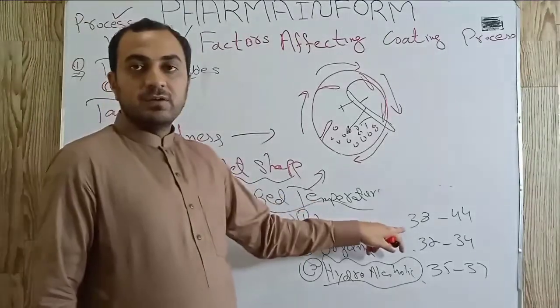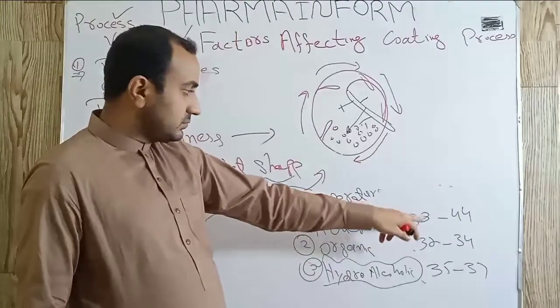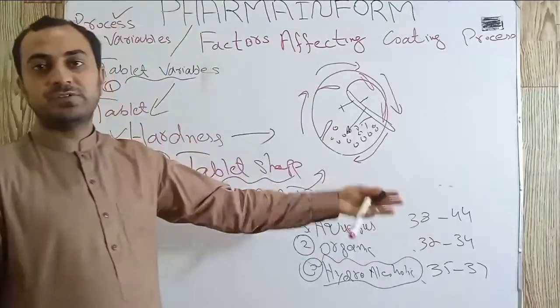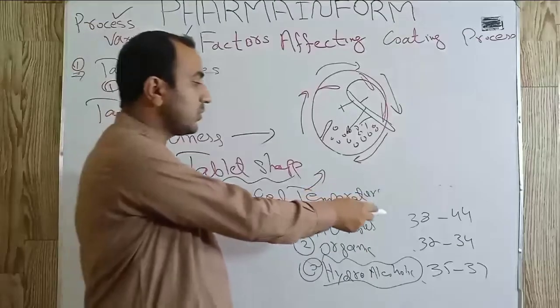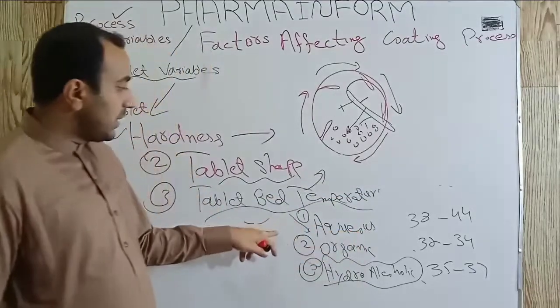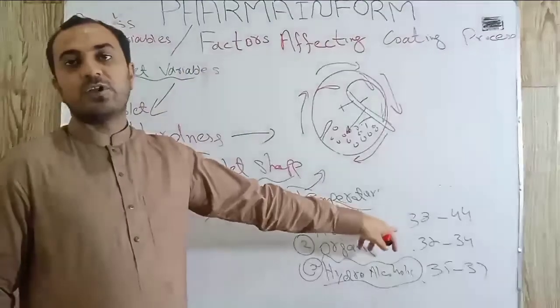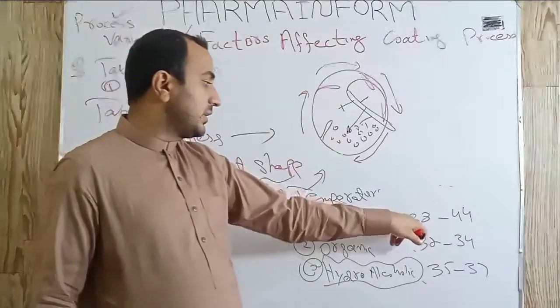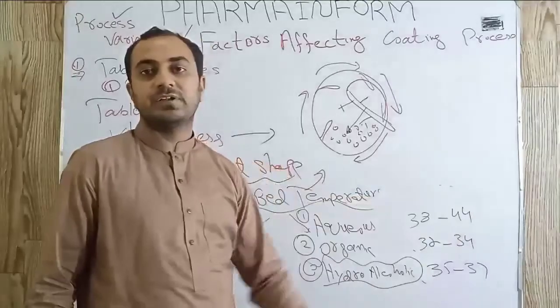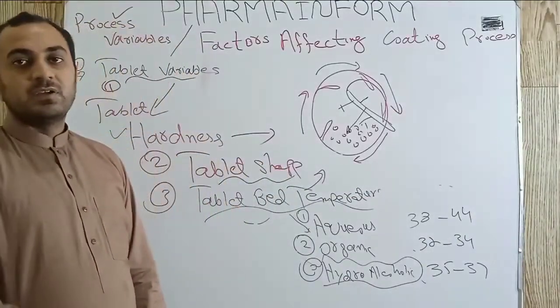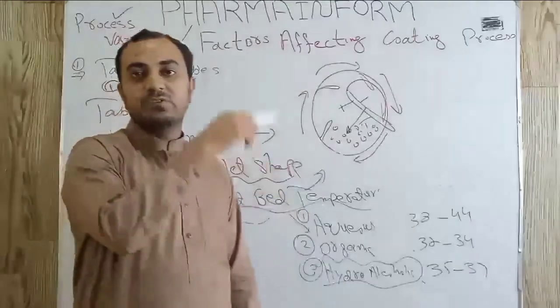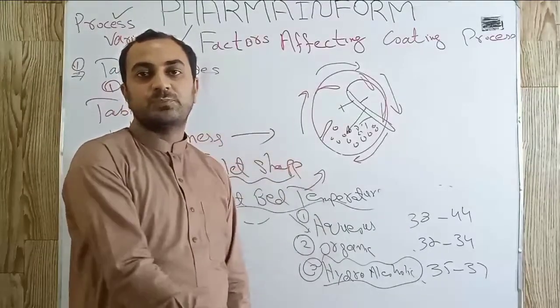So as a rough idea or thumb rule, if someone starts a coating operation for aqueous coating, our core tablets should be heated to 38 to 34 degrees centigrade, and it is best if it is 38 when we start applying our coating spray.